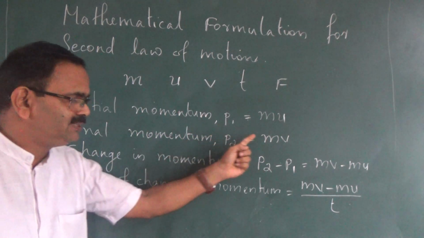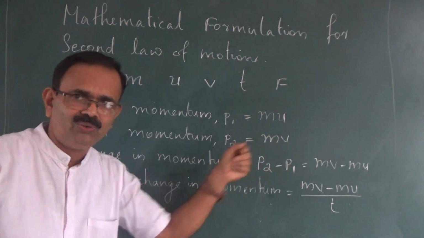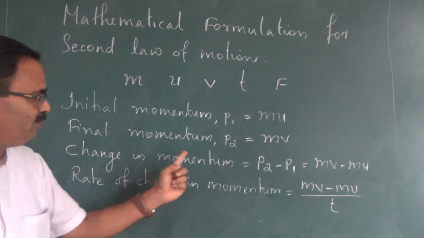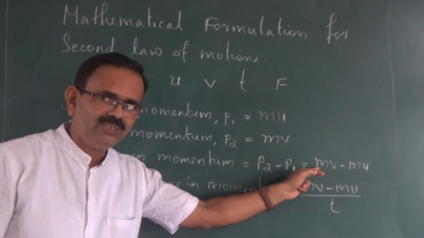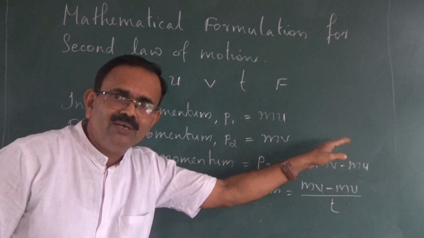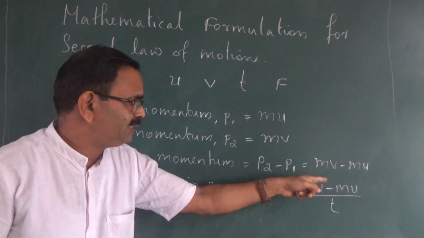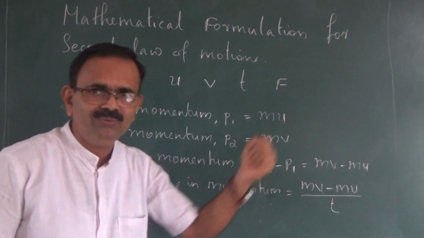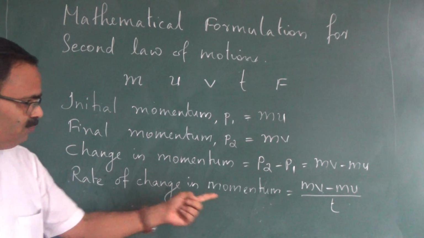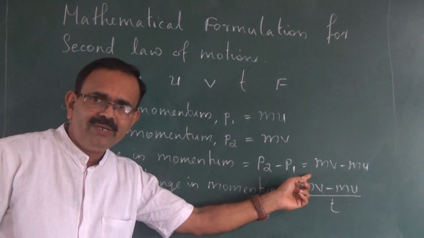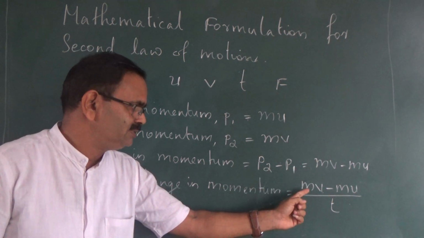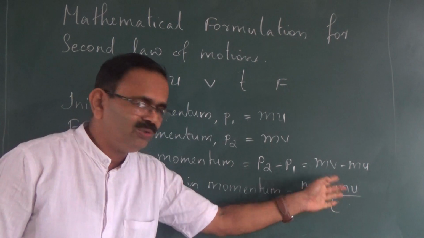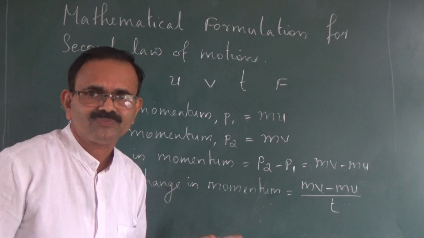Final momentum is mv, mass into final velocity. Change in momentum is final momentum minus initial momentum, that is mv minus mu. Rate of change in momentum is change in momentum divided by time, that is mv minus mu divided by t.